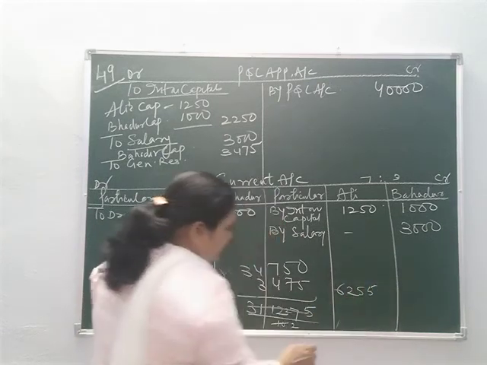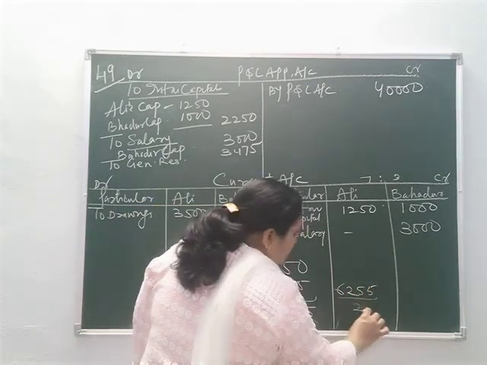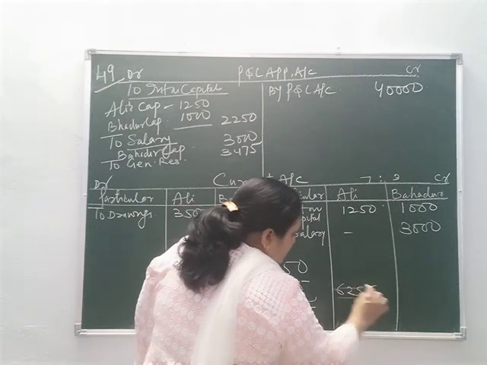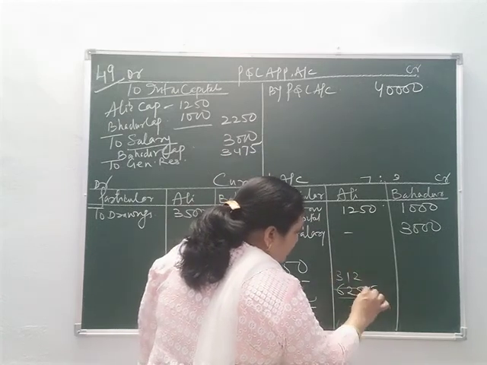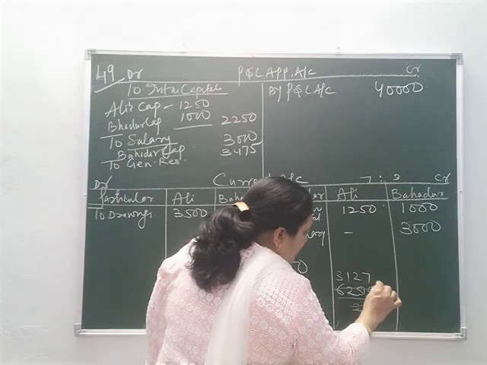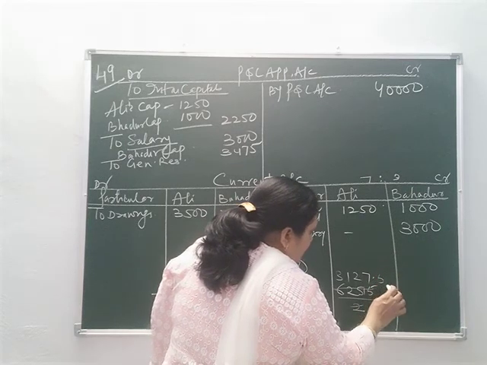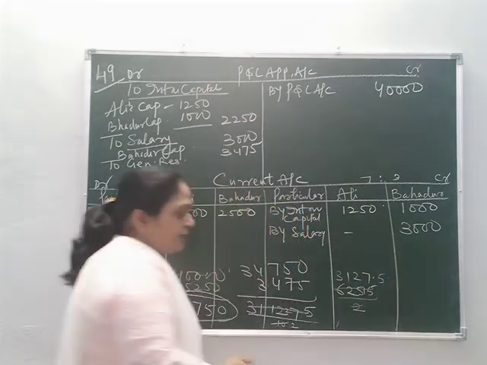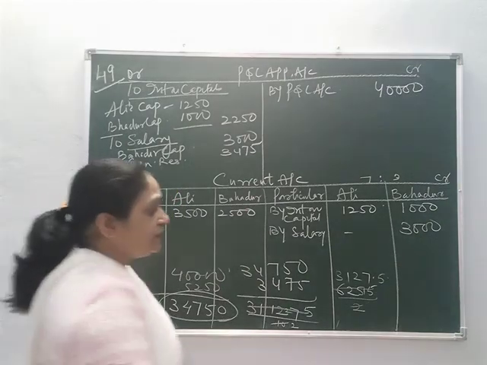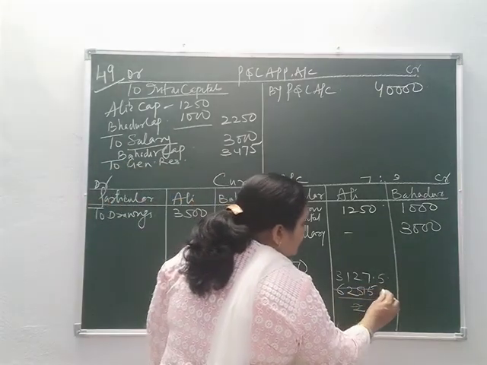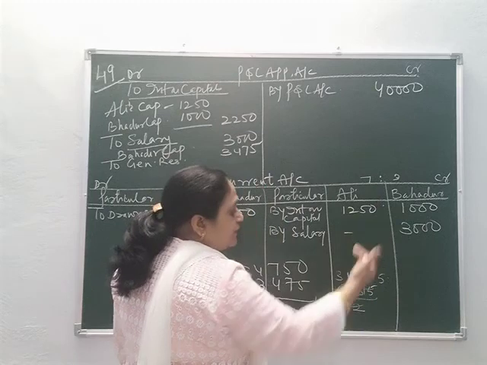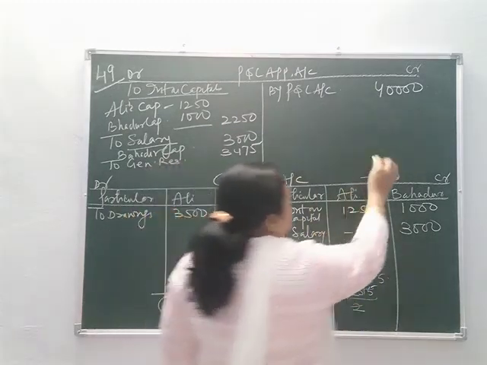Again divide by 2. So 2 3s are 6, 2 1s are 2, 2 2s are 4, 2 7s are 14 and 2 5s are 10. That is 3127.5. This you will multiply it by 7 and then 3 to calculate the balancing figure.